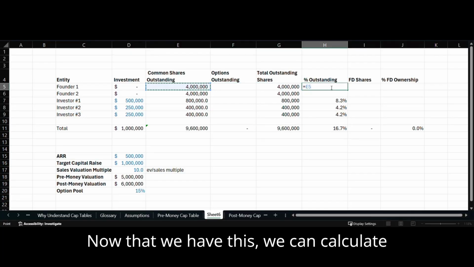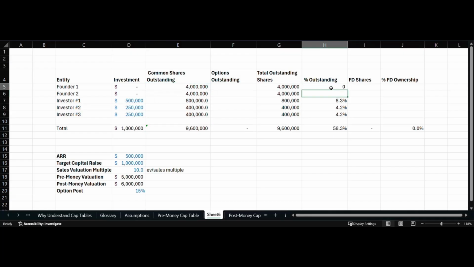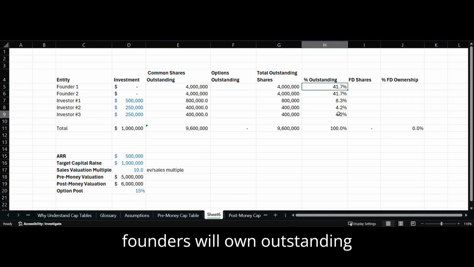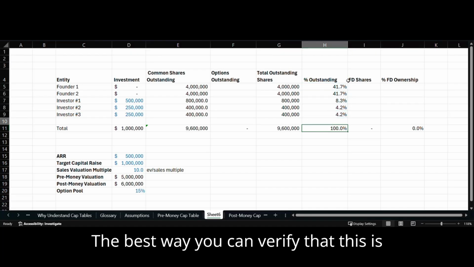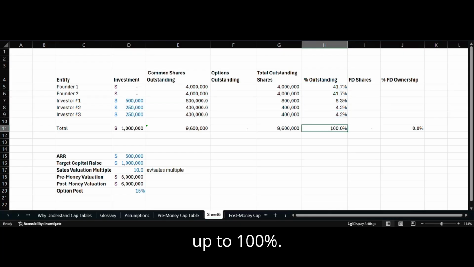Now that we have this, we can calculate what our outstanding percentage is for the founders. This is what the founders will own outstanding after the round is closed. The best way you can verify that this is correct is by making sure that this adds up to 100%.